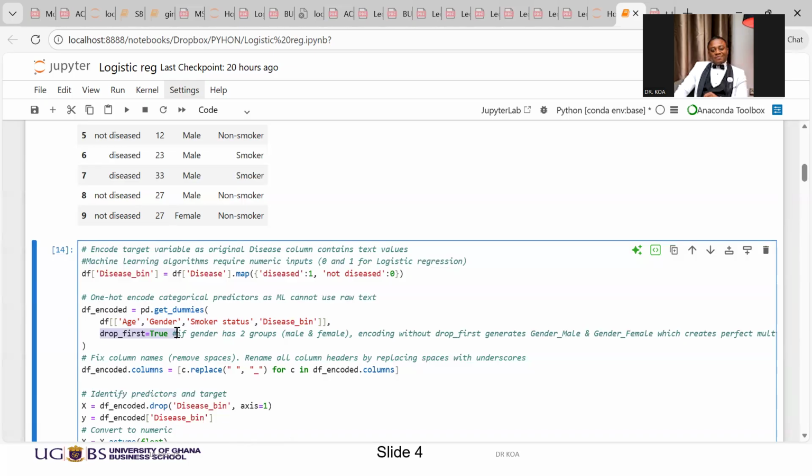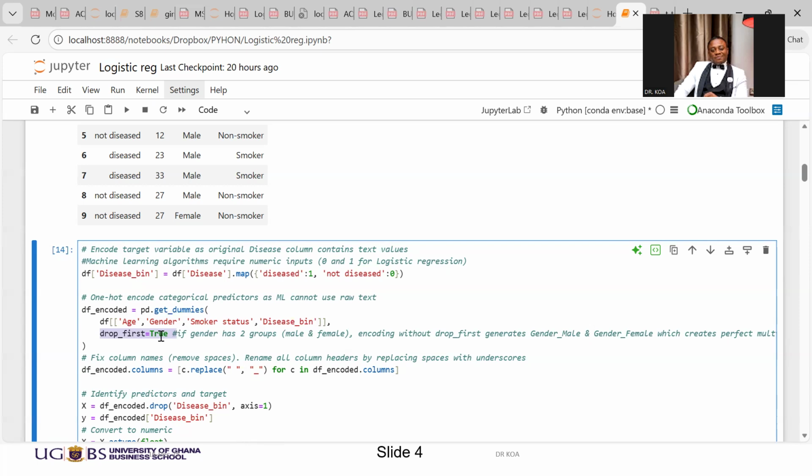If a particular variable is gender and the gender is male or female, if you don't use this command, it's going to generate gender_male and gender_female for you, which doesn't make sense because you need one of them to be the reference category. So one of them will be in the data, the other will not.